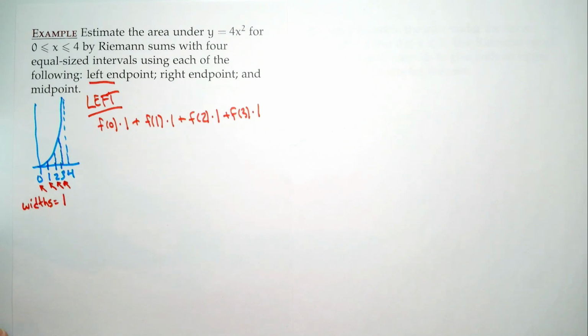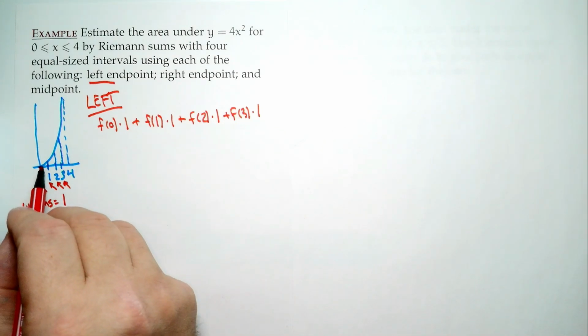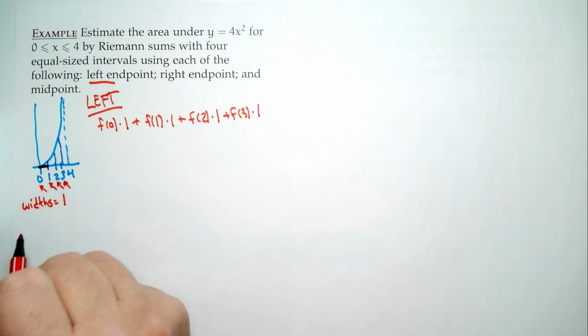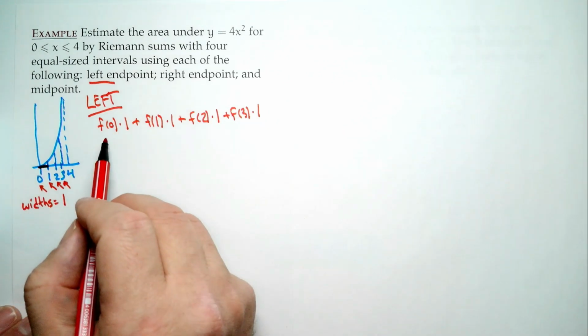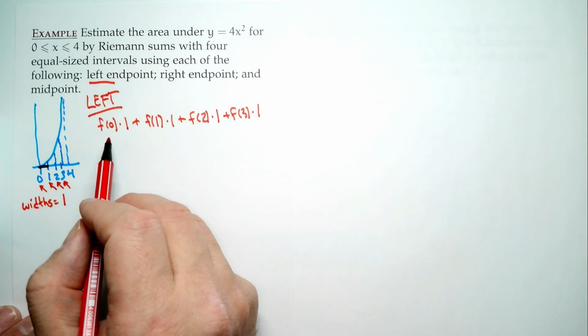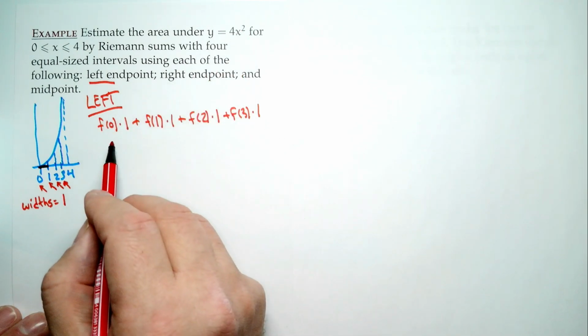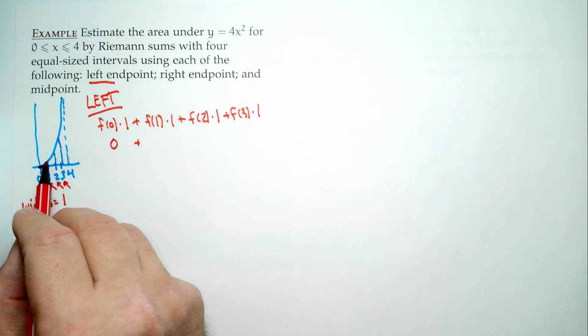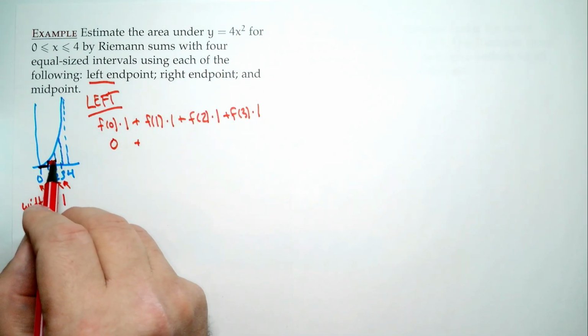So what's happening, if we were to sketch this, the first rectangle is a very, very tiny rectangle. It has no height. Because what is f of 0? It'd be 0. And then the second, well, I plug in 1. What do I get when I plug 1 in? 4.